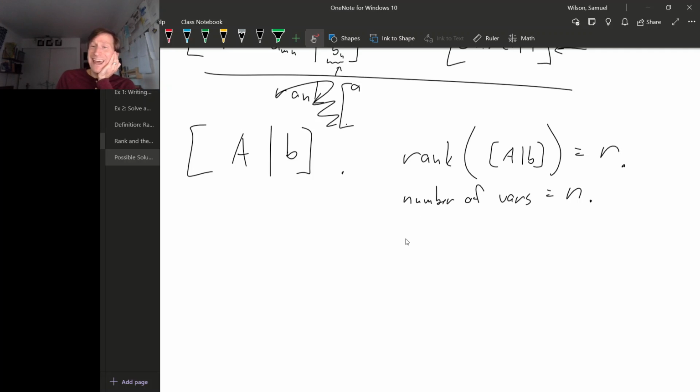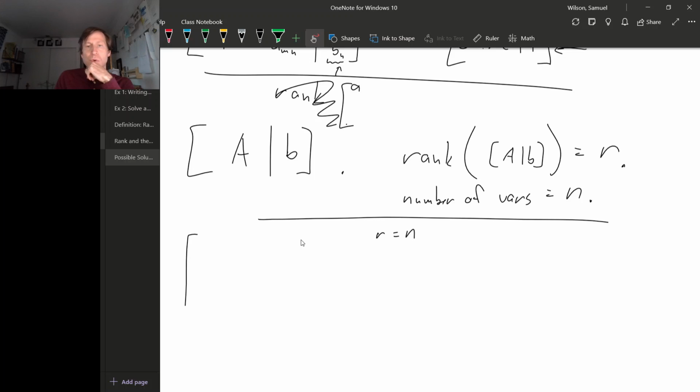Okay, so what could the collection of solutions look like? Well, one nice case is when the rank of the matrix is equal to the number of variables. So in this case, what would your reduced row echelon form look like? Well, you'll end up with some numbers in your augmented column here, so maybe we'll call those c1, c2, and so on.